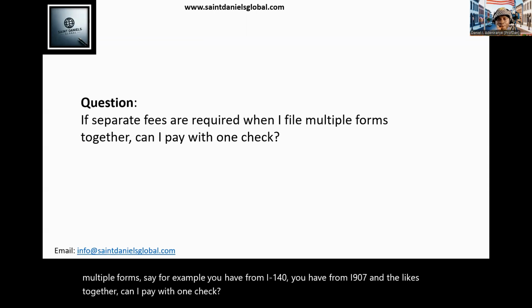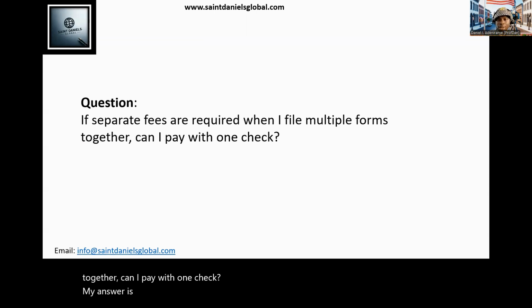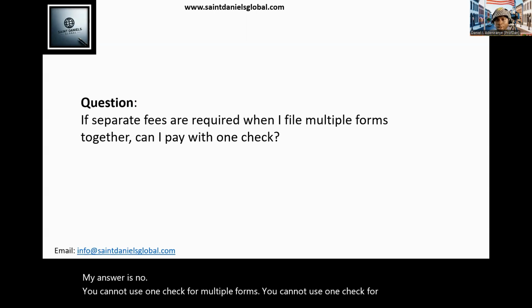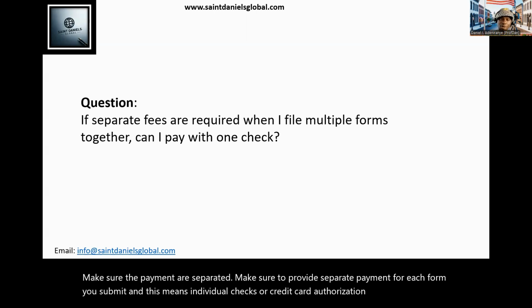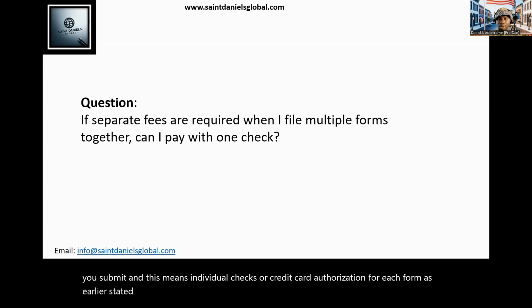My answer is no. You cannot use one check for multiple forms. Make sure the payments are separated. Make sure to provide separate payment for each form you submit. And this means individual checks or credit card authorization for each form, as earlier stated in the course of this educative video.